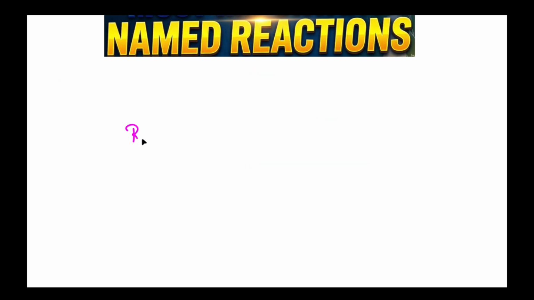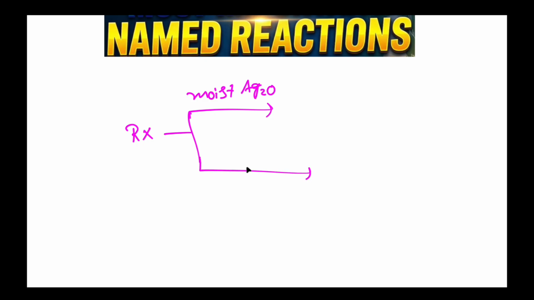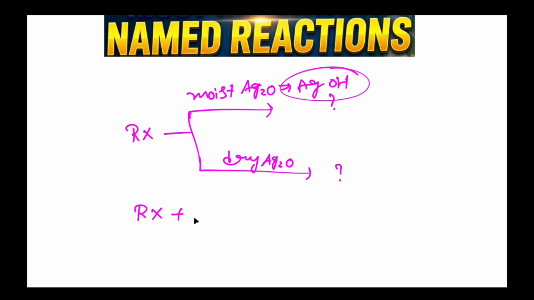For example, alkyl halides react with moist Ag2O, moist silver oxide, and dry silver oxide. What are the products formed? In moist Ag2O, it becomes AgOH. So when alkyl halide reacts with moist Ag2O, we can get alcohol and silver halide.